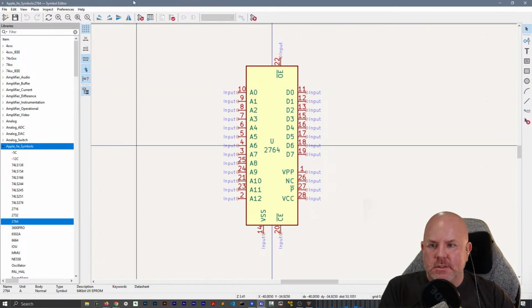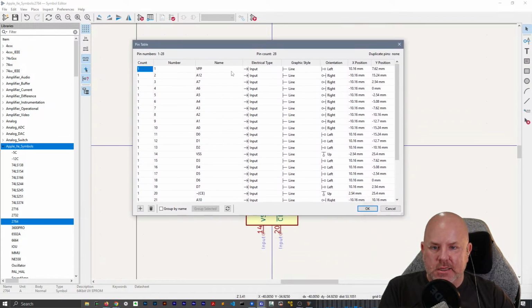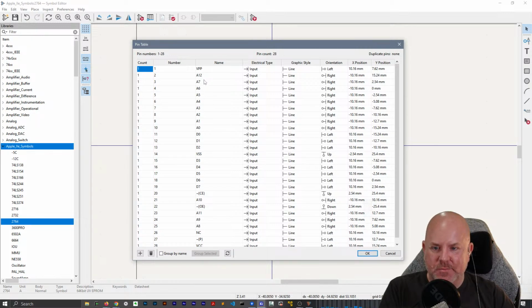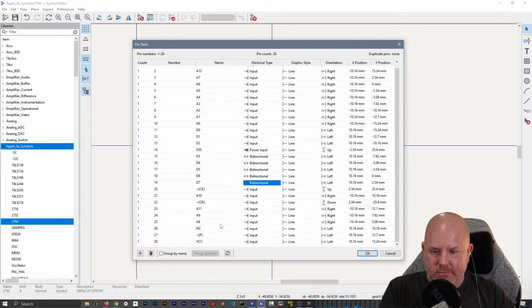All right, so let's get into our fancy table. VPP is an input, even though I really wanted to make that a power. Addresses will stay inputs. VSS is a power input. Chip enable, okay, data. I wish I could, no. Okay, that's not terrible. I'm just double clicking, pressing B, and then selecting it.